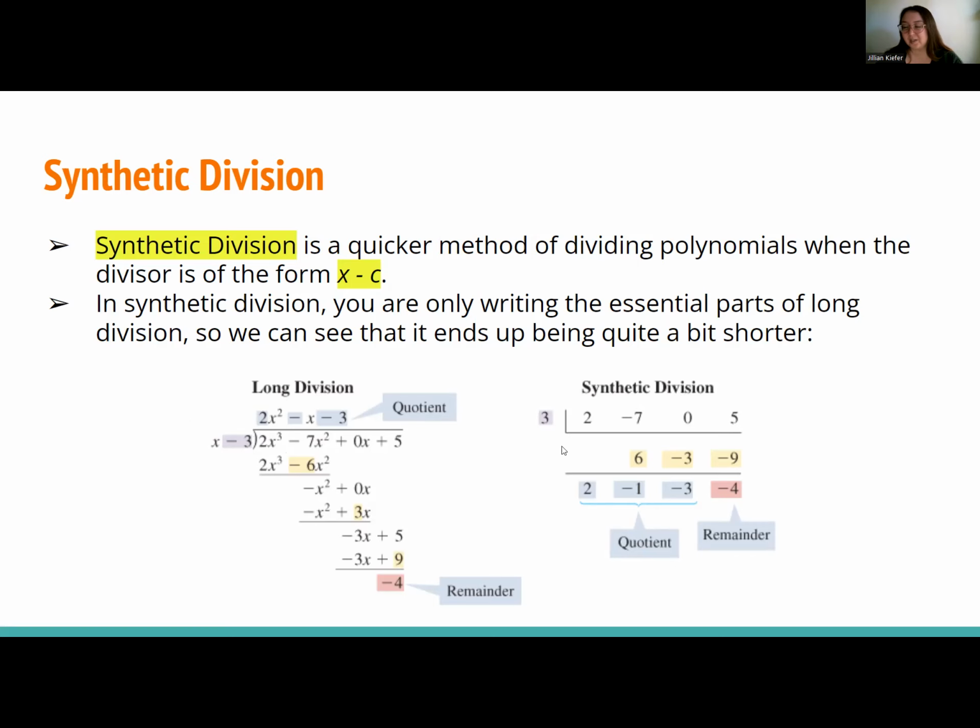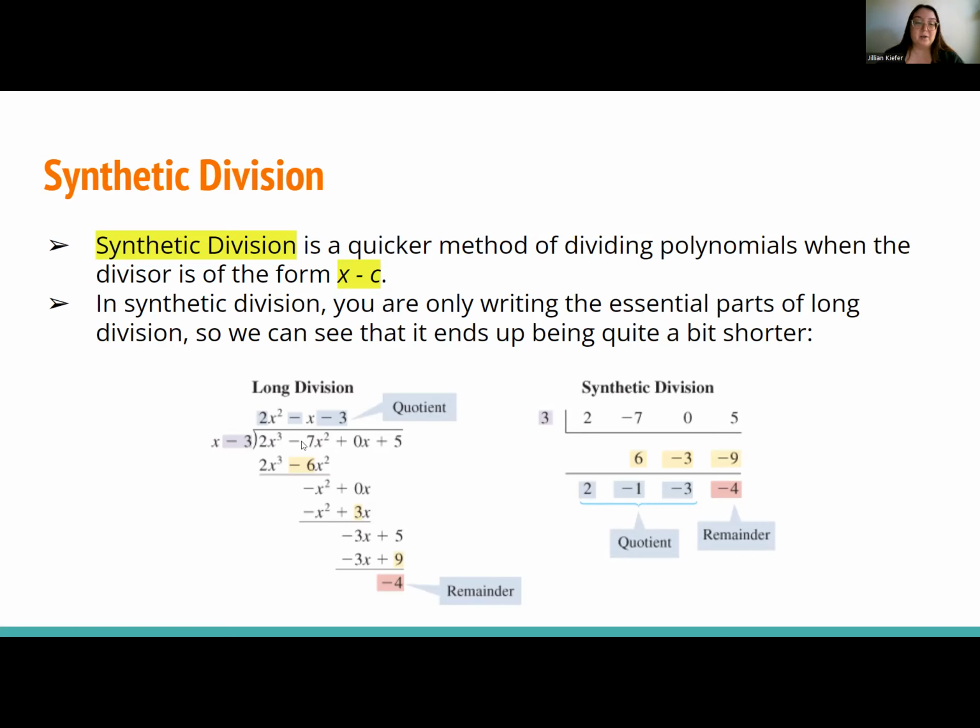So what we saw here was that you take that value of c. If you have x minus a number, you would take that number and write it outside the house. The house is pretty much the same, except it gets flipped upside down, so you now have an upside down house. You would take that value of c, write it outside your upside down house, and take the coefficient of every term of the dividend and write those inside the house.